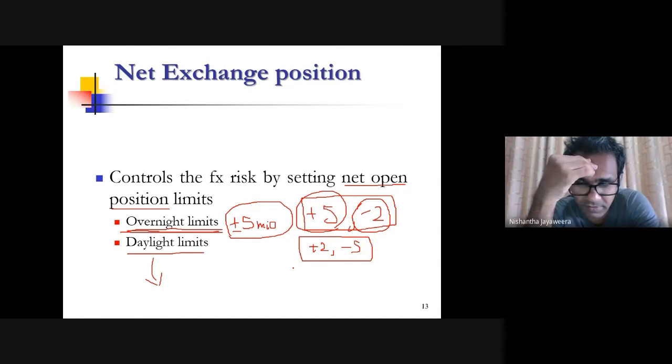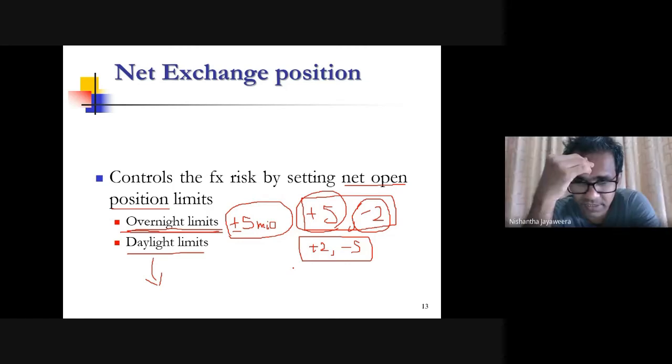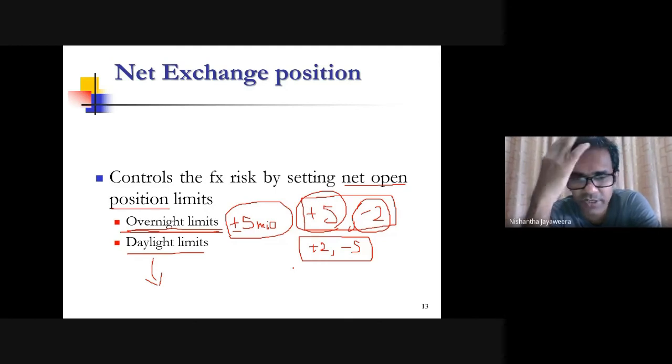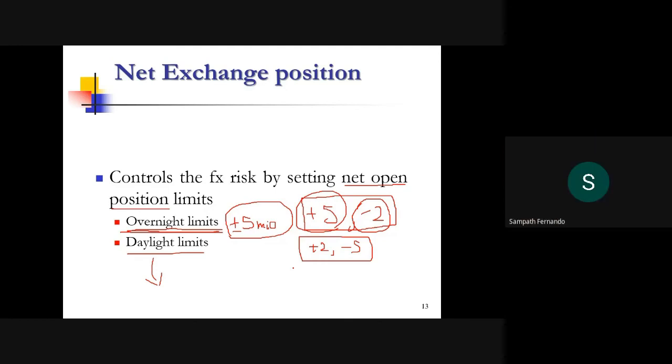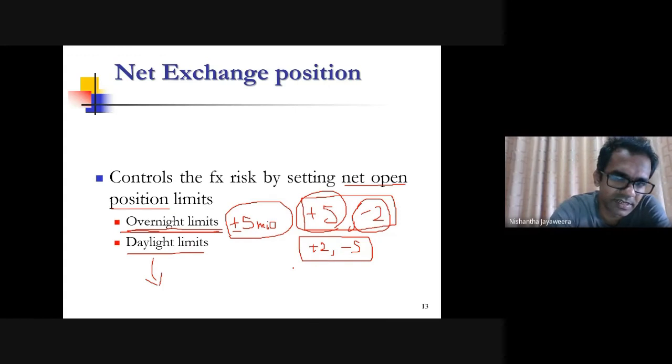By foreign banks I mean, let's say, Citibank in the UK. They won't trade dollar-rupee or anything related to rupee. You can do dollar-yen or something like that, but not dollar-rupee. Dollar-rupee only with a bank which has a presence in Sri Lanka.